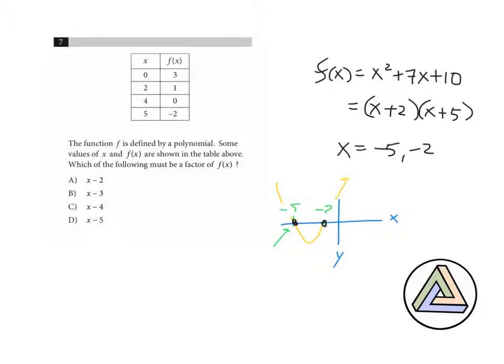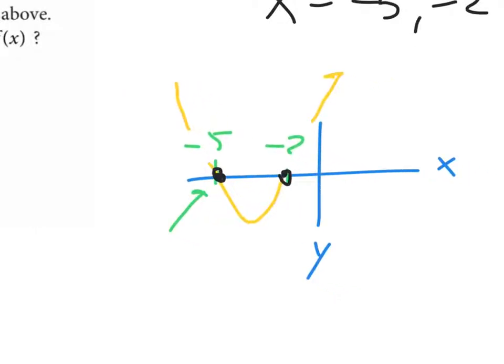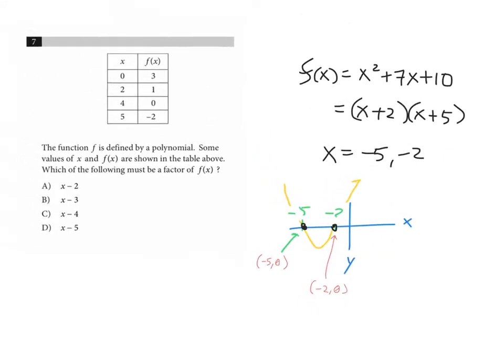Okay, so in other words, the coordinates of the first x-intercept are as follows. The coordinates there are negative 5, comma 0, and the coordinates right there are most definitely negative 2, comma 0. So one thing you know for sure about x-intercepts in general is that they always correspond with a y value of 0. All right, that is definitely helpful information to remember.